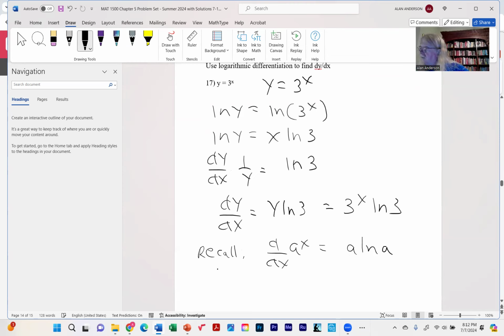Oh, you know what? We may not need it. I'll tell you why. Because technically, yes, this is a function of x, but it's just a constant being multiplied by x.